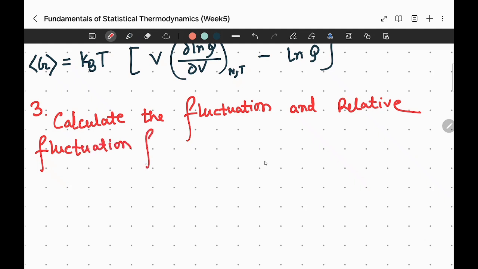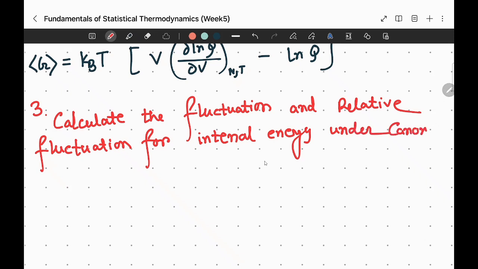What is fluctuation? I will explain. For internal energy under the canonical ensemble.